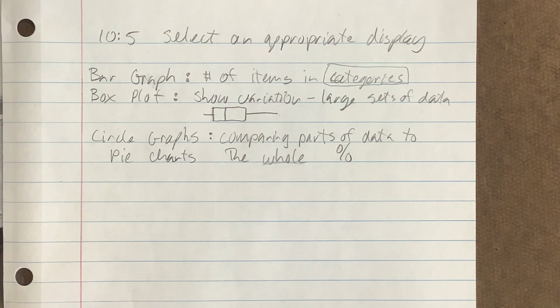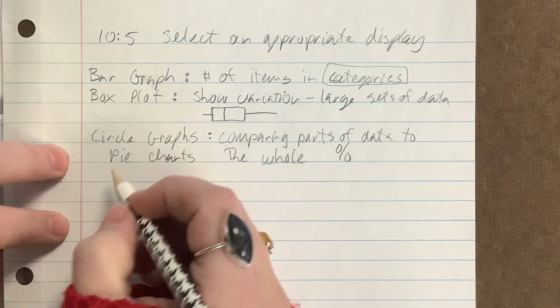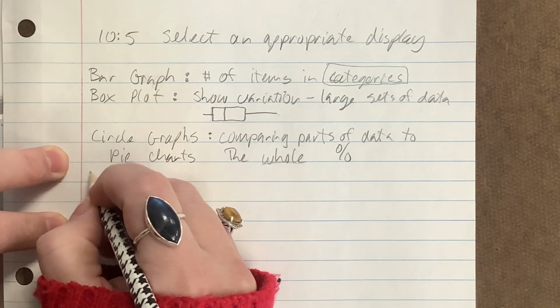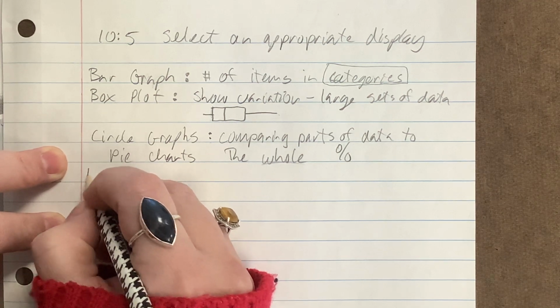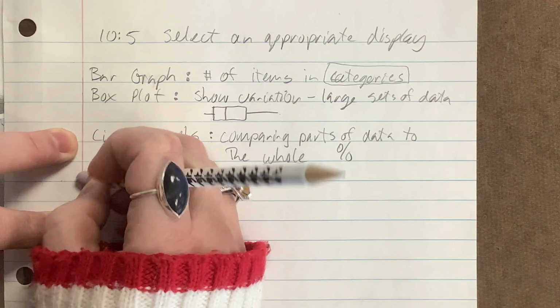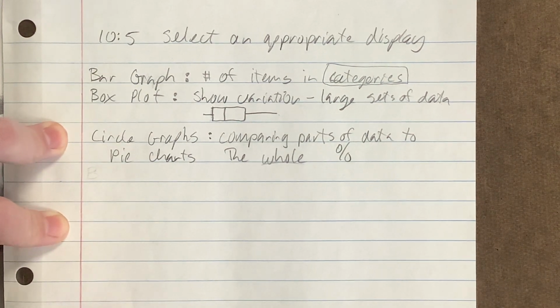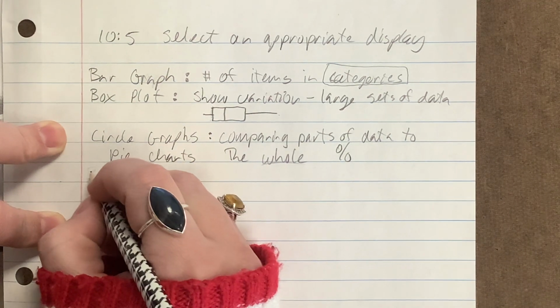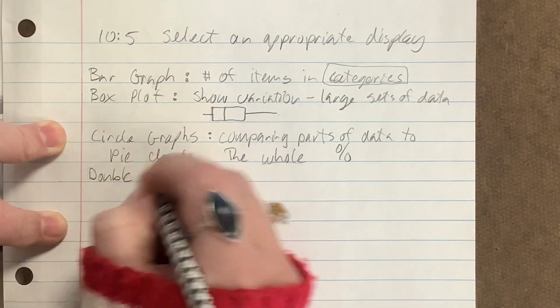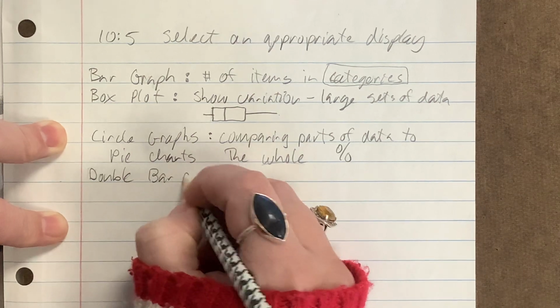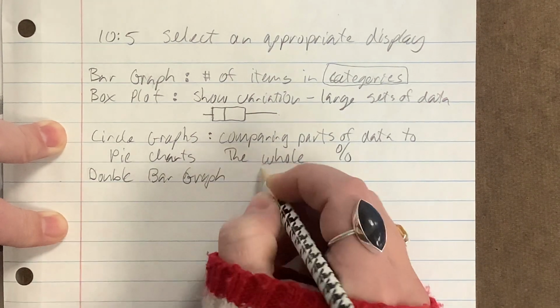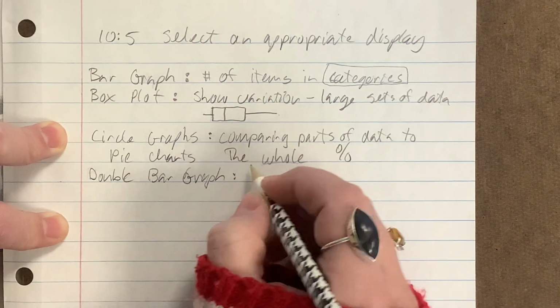Then we can have a double bar graph, which I think we should have probably put up with the bar graph. I don't know why the book's chart has it here. It's just a bar graph that compares two sets of categorical data. Maybe I'll write it down anyway. Double bar graph. So we still have our categories, but we've got two sets.